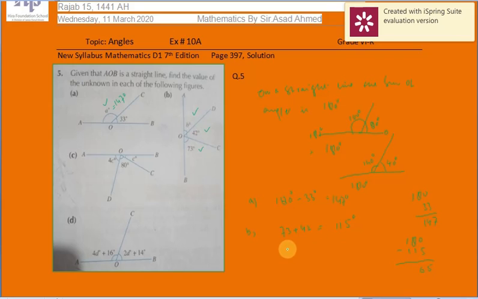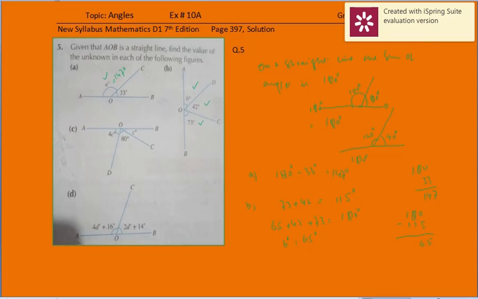So it will be 65 plus 42 plus 73, and when we add all three angles on a straight line, they become 180 degrees. So angle B is 65 degrees.